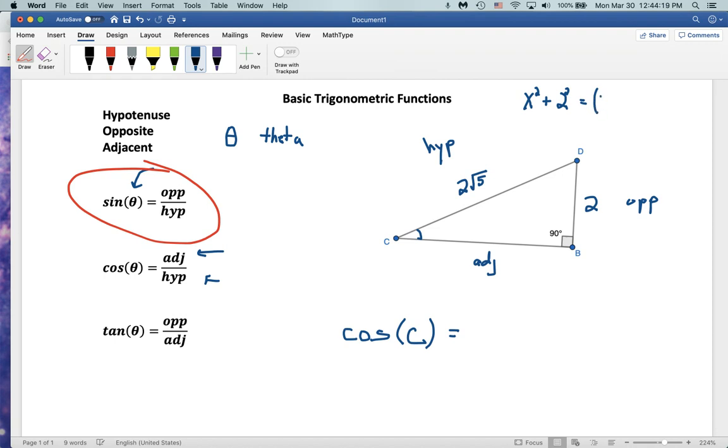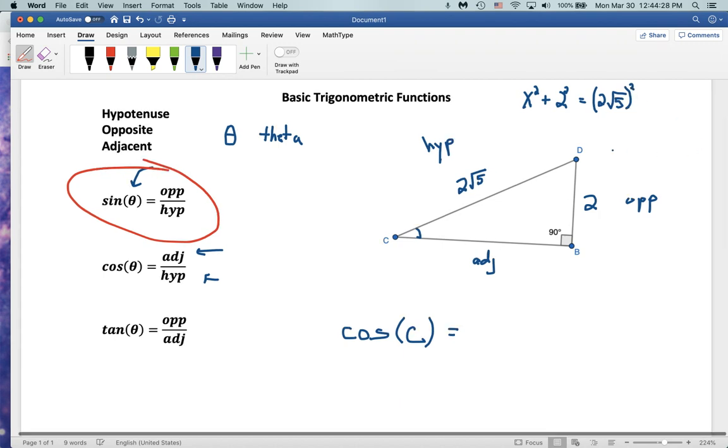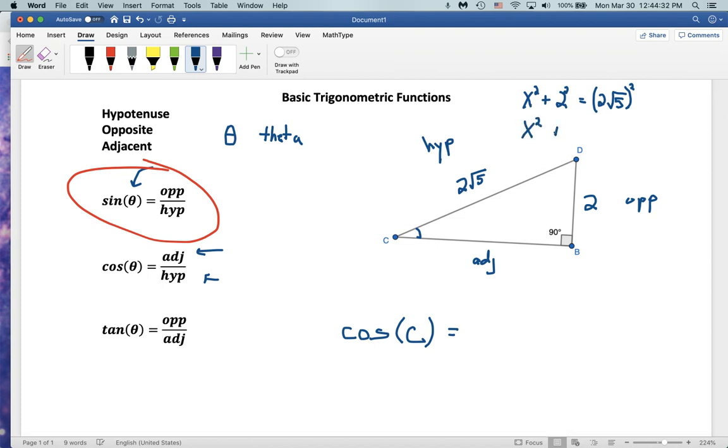Now be very careful that you understand how to square square roots and other numbers that are multiplied by them, and that's going to be squared. So let's figure out what this is. We get x squared plus 4 equals, well, what's 2 squared? 2 squared is 4 times, that's a times symbol, what is the square root of 5 squared?